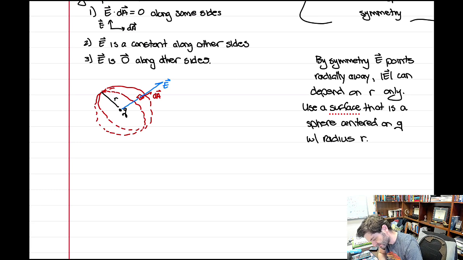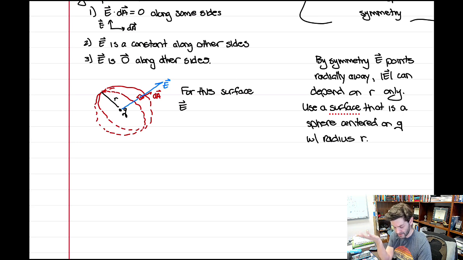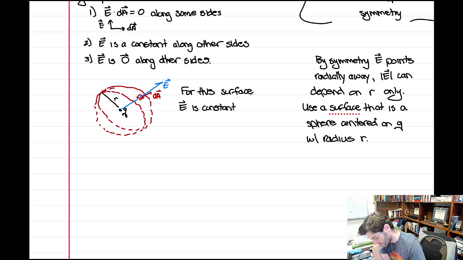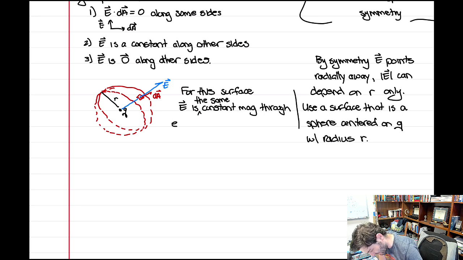So for this surface, we can note two things. The electric field is the same constant magnitude through each of the patches.